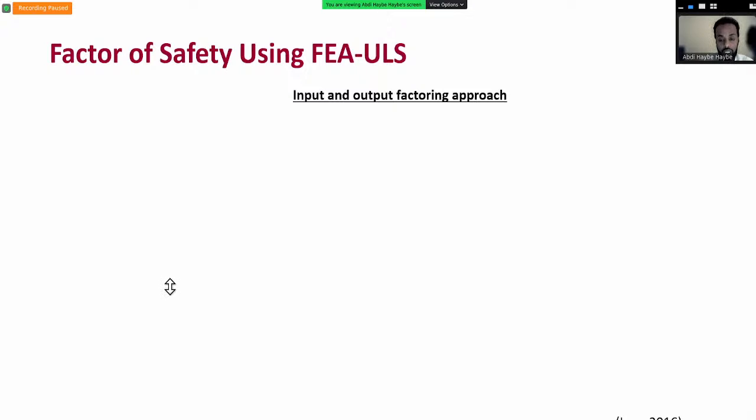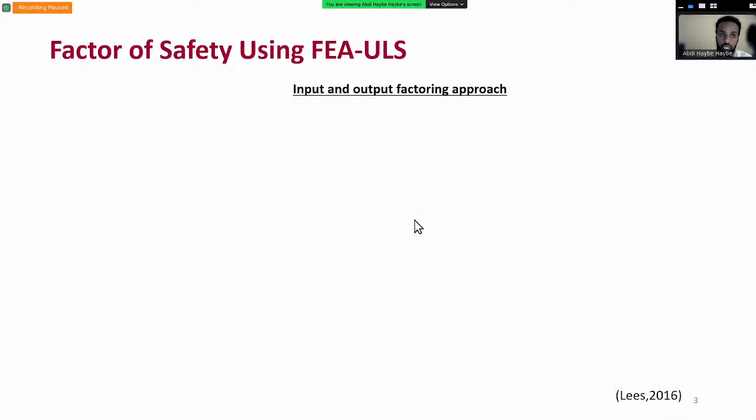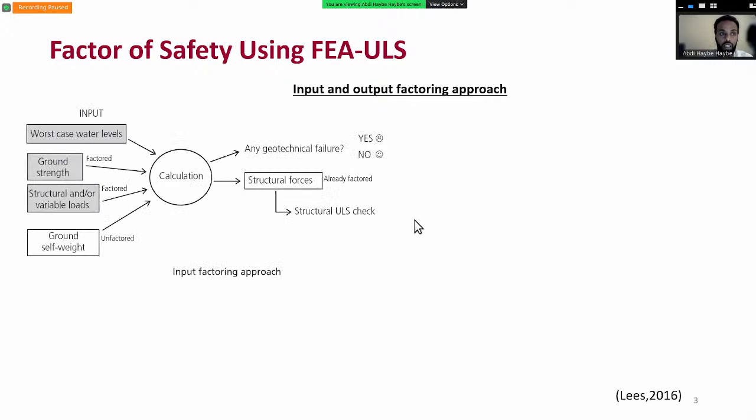Since ultimate limit state is more challenging and not as straightforward as the serviceability limit state, there are two approaches where we would introduce safety factors to the design: input and output factoring approaches.